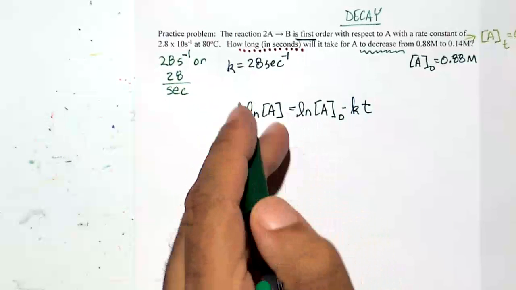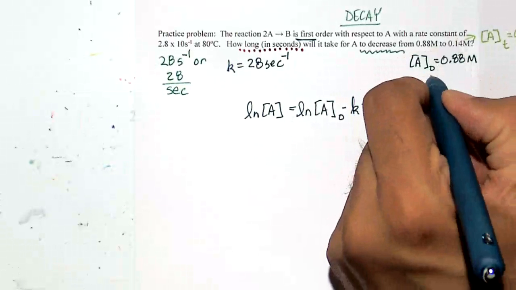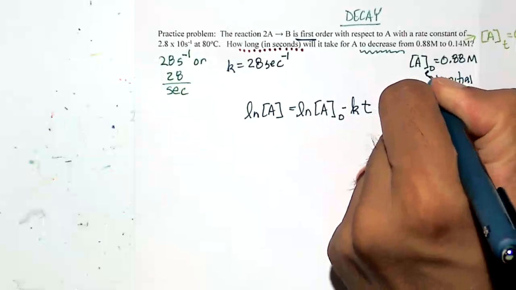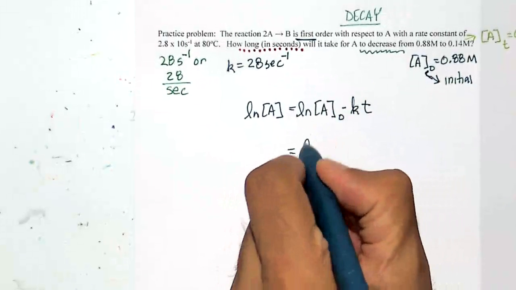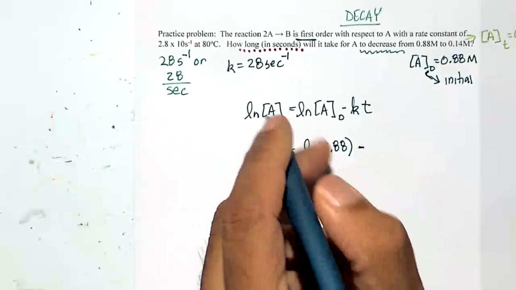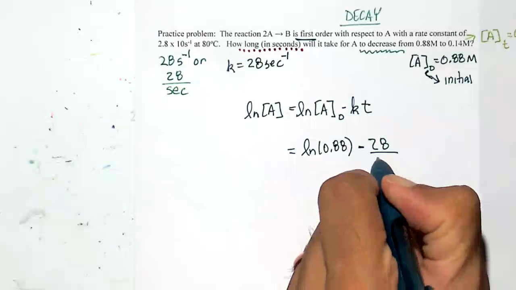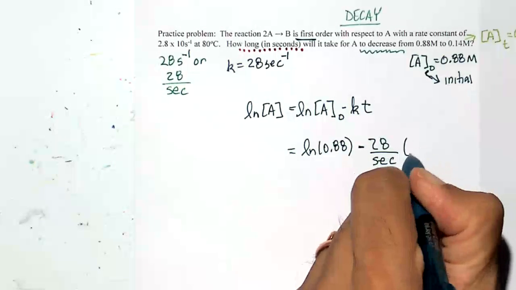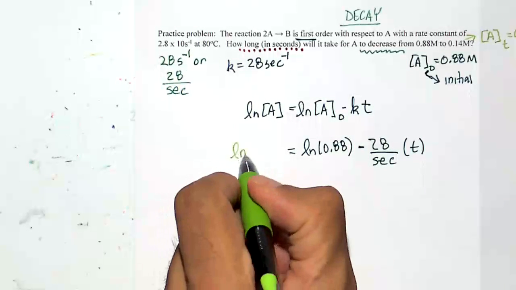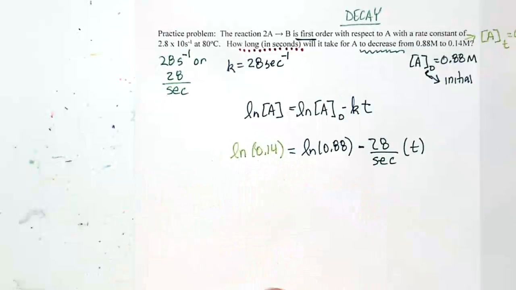All right, so natural log of A, which is 0.14. Remember this is initial now. So natural log of 0.88, minus k, which is 28 over seconds, times t equals natural log of A at some time, 0.14.